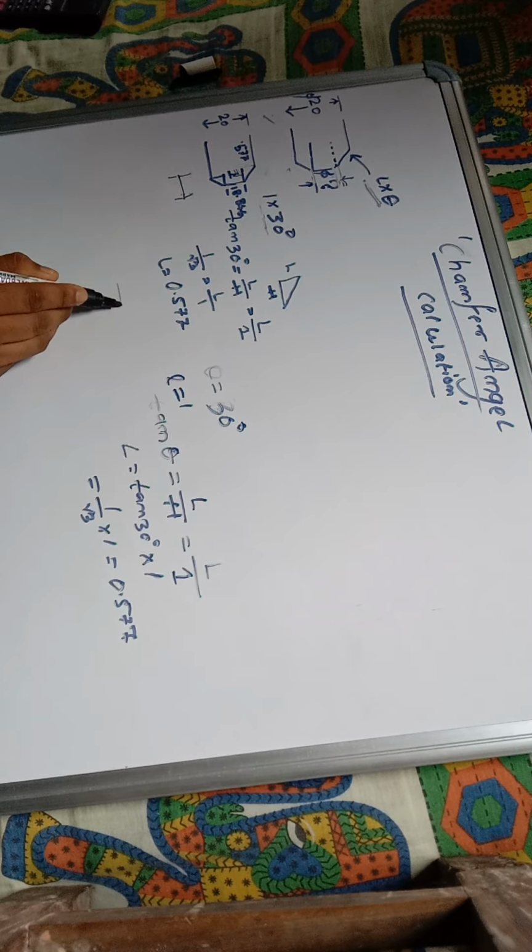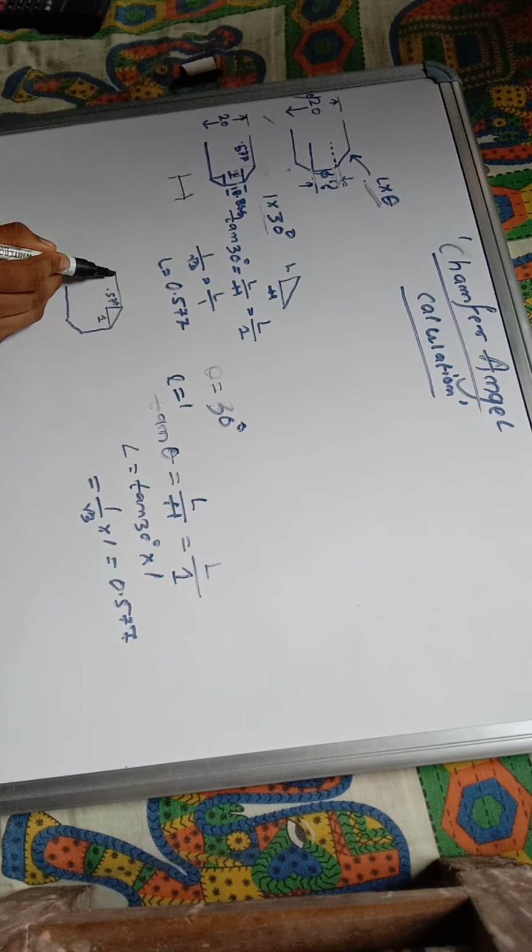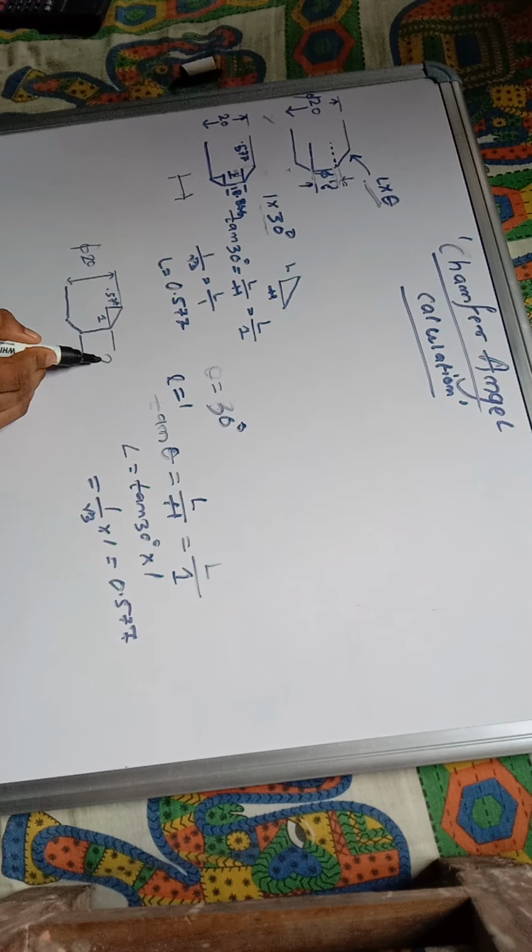So if you draw it, this value is 1 and this value is 0.577, and the OD is 20 mm. Then you have to calculate this OD value. How will you calculate this? You simply subtract from 20.